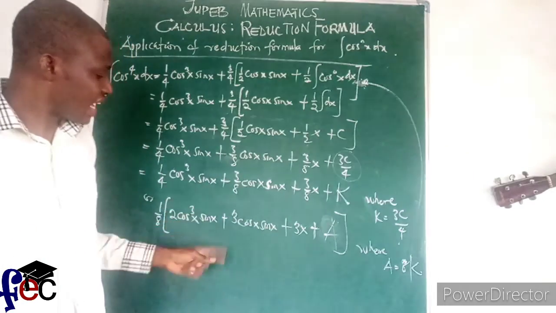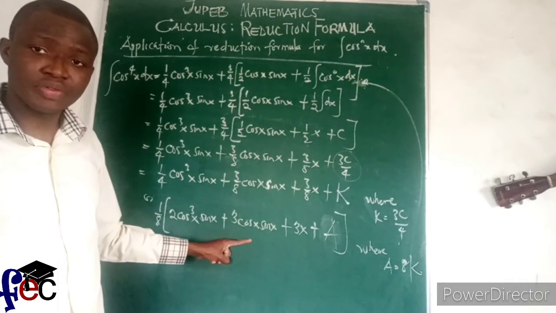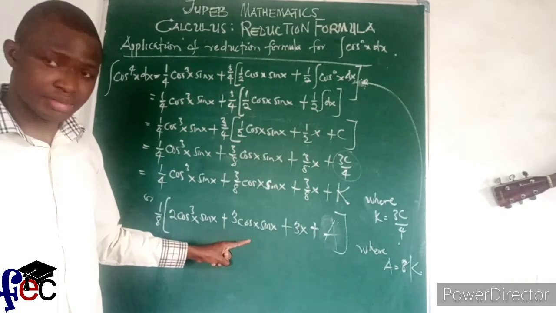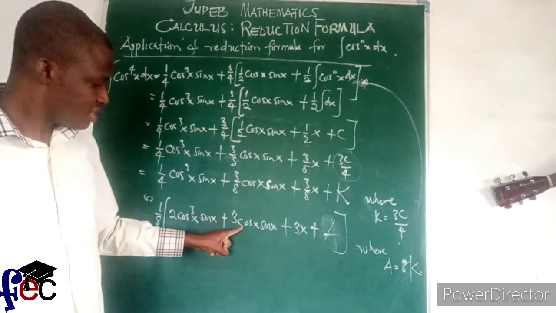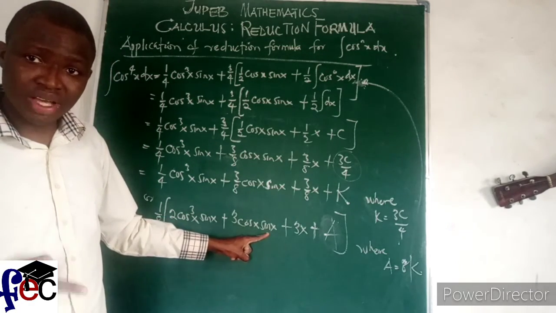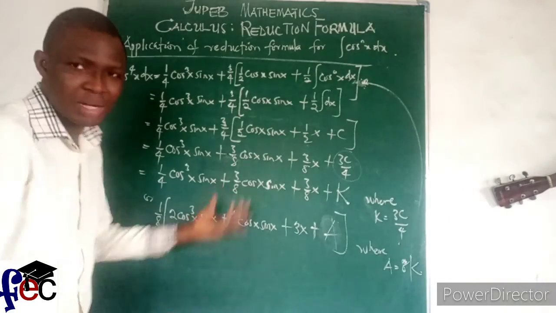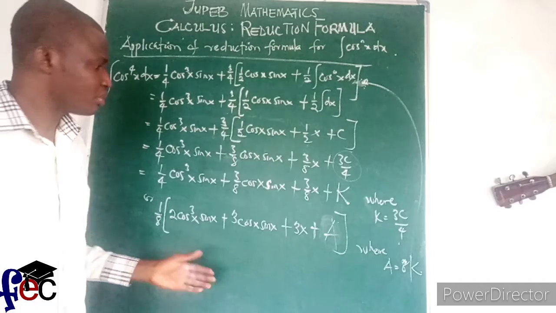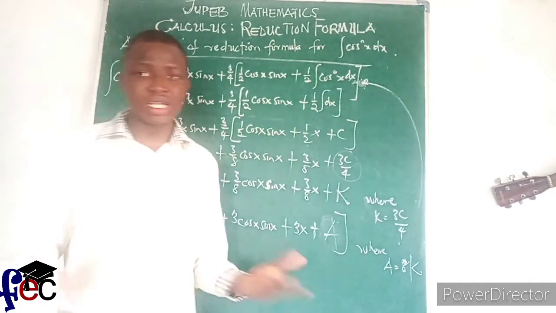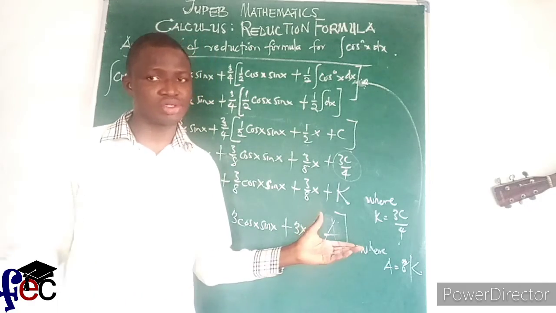In fact, if I like, I can rewrite this in terms of sine 2x, because what I'm seeing here, cos x sine x, is same thing as sine 2x over 2. So there are different representations, but that is just playing with trigonometric ratios of compound angle expressions, all right.